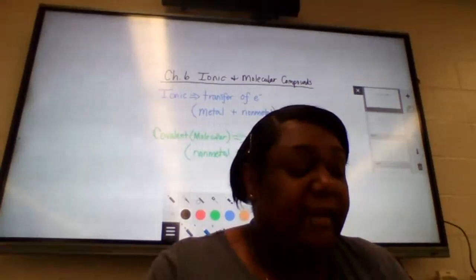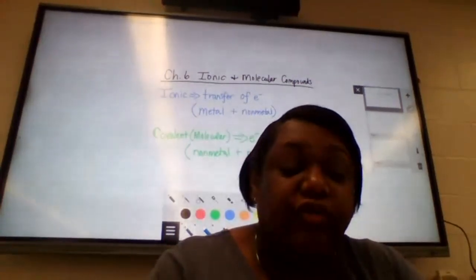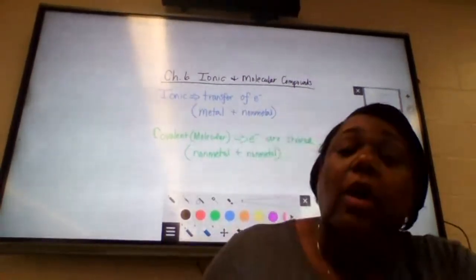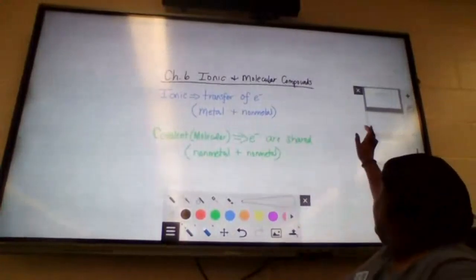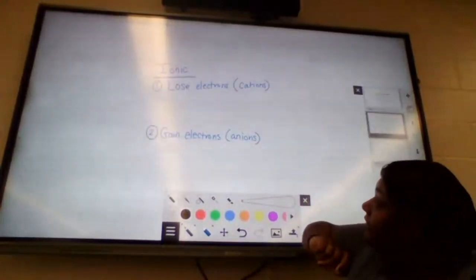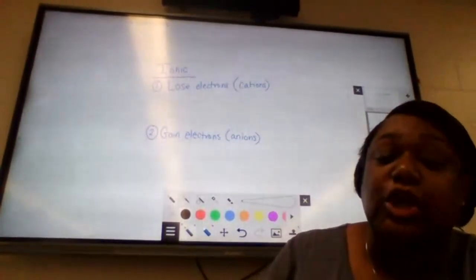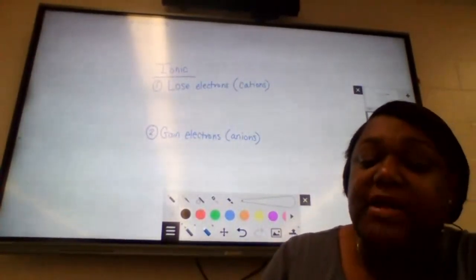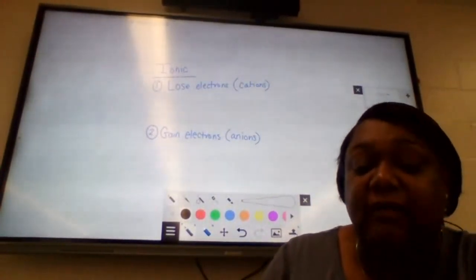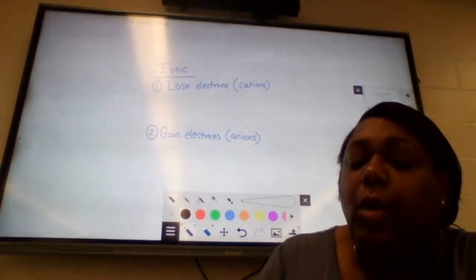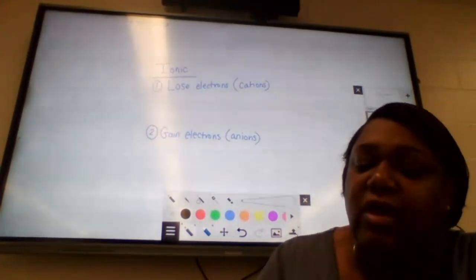So the next thing that we talk about in this chapter is your positive ions or your cations, which means that you have lost electrons. So again, when you lose electrons, that means you end up with a positively charged ion. Well, why is that if I lost electrons?